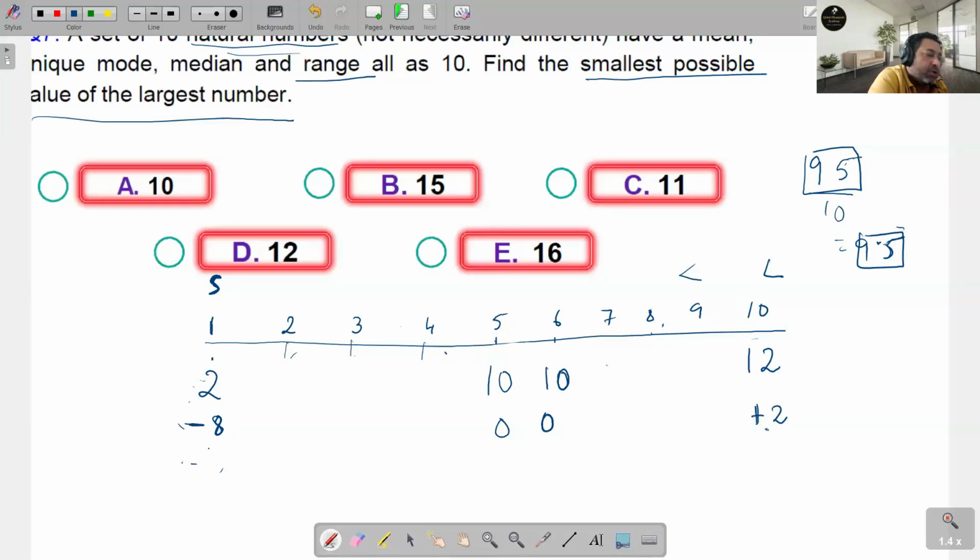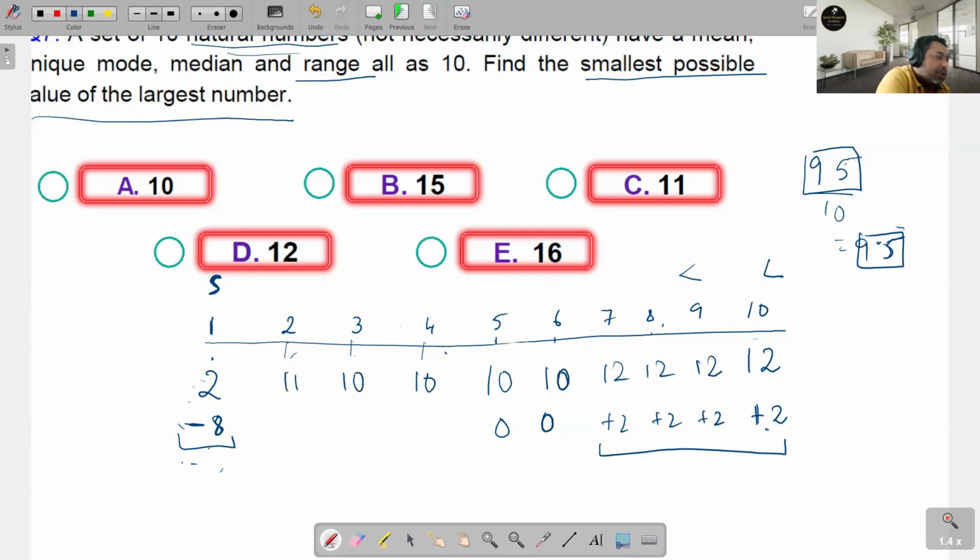So if I have 3 more 12s here, okay, my adjustment of positive deviation and negative deviation is done, right? And I have 4 12s. So I need more than 4 12s to get a unique mode. I need the 10s for a unique mode. So now I can have all of them as 10, which does not disturb the deviation also. So all of them will become 0.